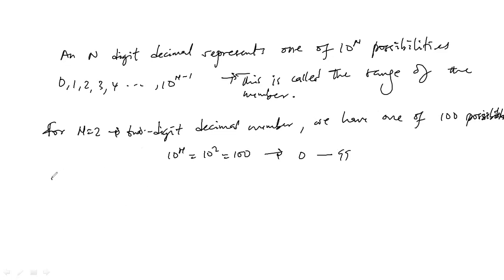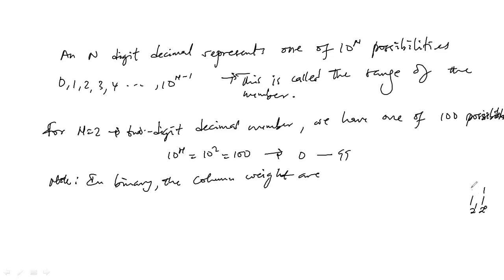So we should know that in binary, the column weights, from 2 to the power of 0, we have that to be 1. 2 to the power of 1 is 2. 2 to the power of 2 is 4. 2 to the power of 3 is 8. 2 to the power of 4 is 16. 2 to the power of 5 is 32. 2 to the power of 6 is 64.